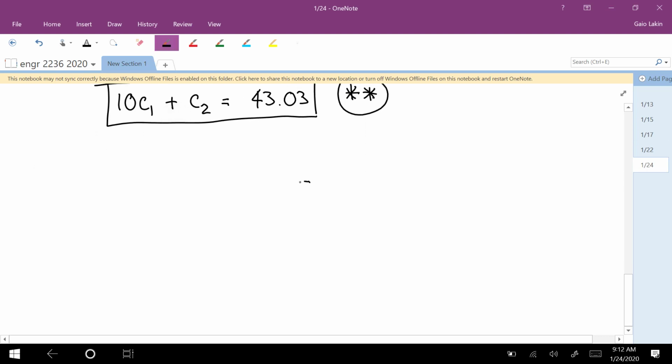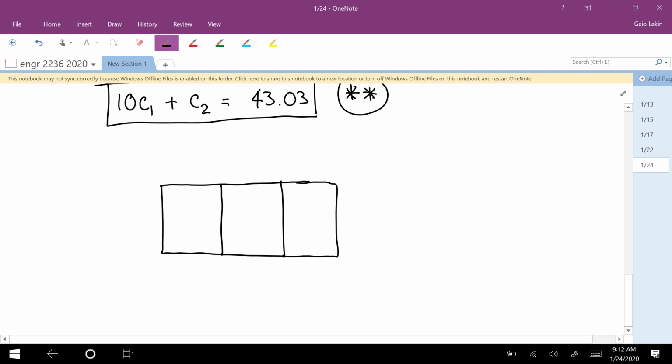So I'm going to set up this matrix that has 2 rows and 3 columns. First column is the coefficients for our variable C1. The second one is the coefficients for our variable C2.